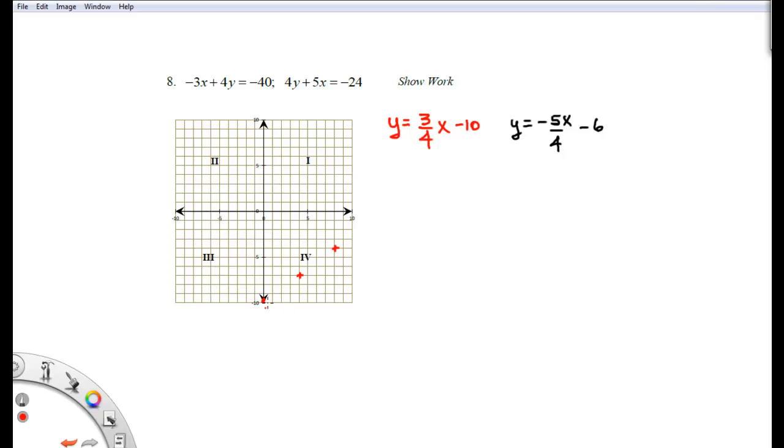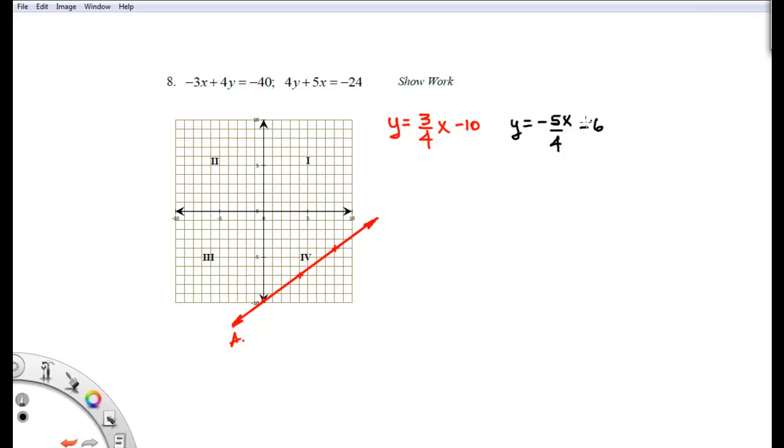So there's where that line goes. So let me go ahead and draw that line. Okay, so there's line A. Label that line A. And then we'll do B.